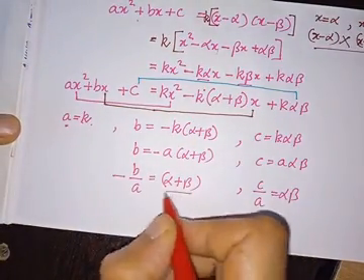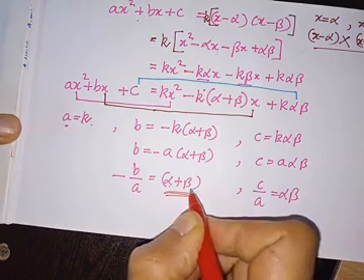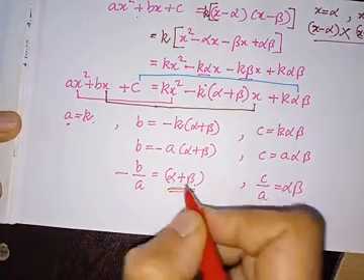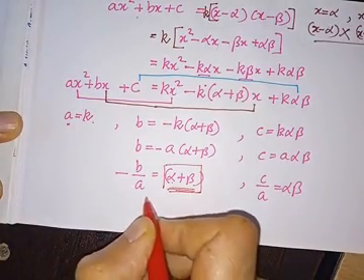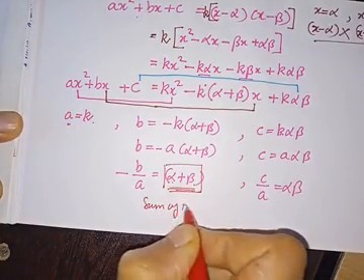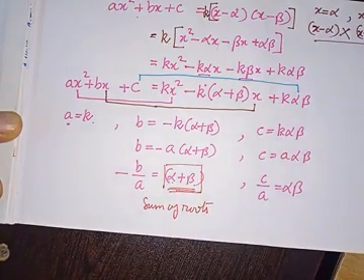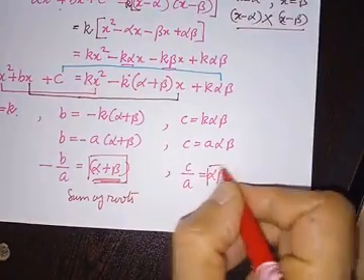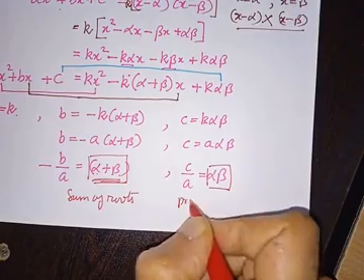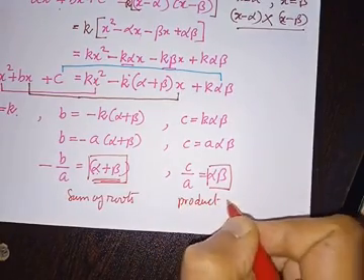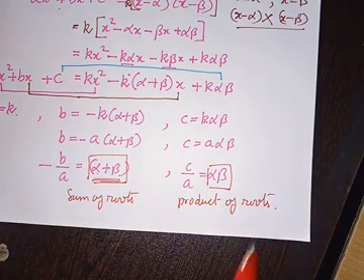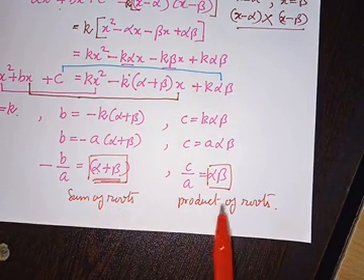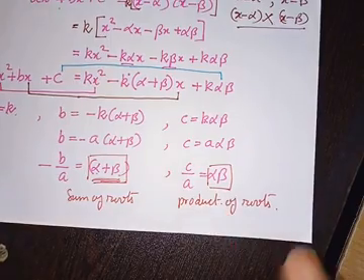Now alpha and beta are roots of the quadratic polynomial. So this term is also called the sum of roots, whereas this term is called the product of roots.